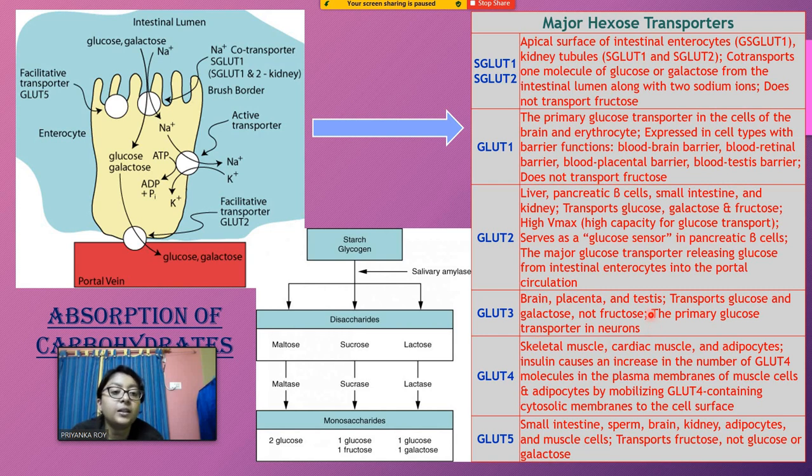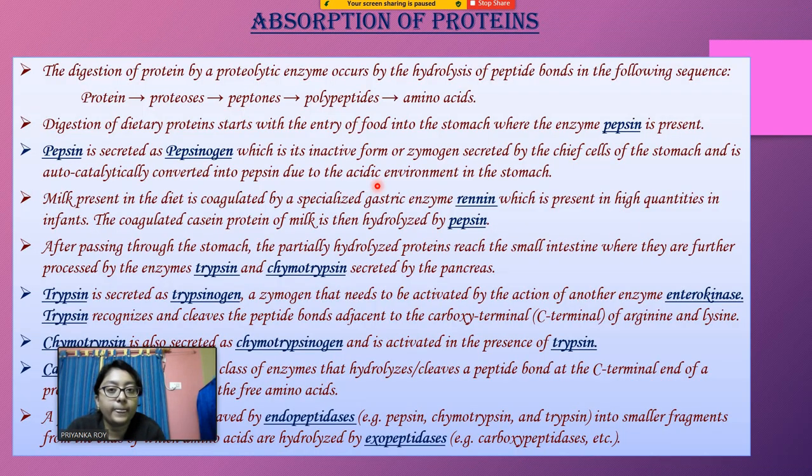So these are present in other organs but mainly in the intestine, GLUT2 is present and GLUT5 is present here. So with the help of these transporters, the glucose, galactose and fructose get inside the bloodstream from the intestinal lumen and therefore they can be utilized by the body for various other activities.